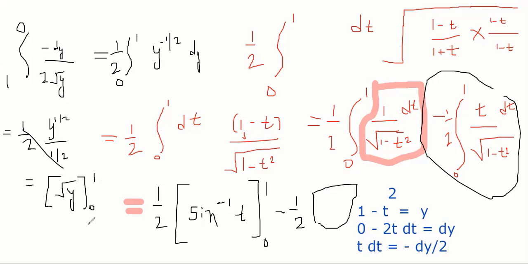This is the answer of the whole integration. वही मैं f dash x by fx का फॉर्म है. Your numerator is nothing but the derivative of denominator. So यहाँ पे मैंने लिख दिया ये मेरा हो गया root of y (0 to 1). So final answer is half of sin inverse t between 0 to 1 minus half of root y between 0 to 1.